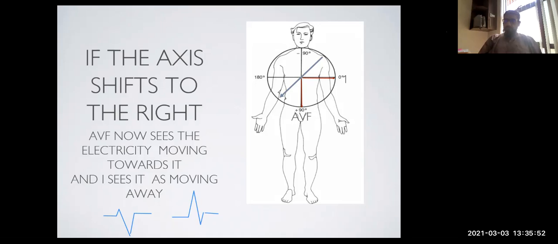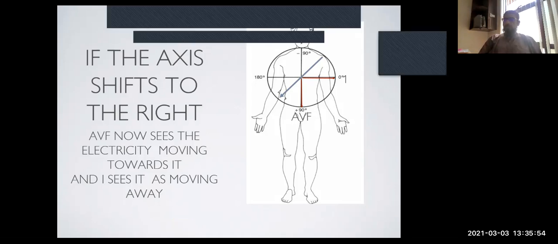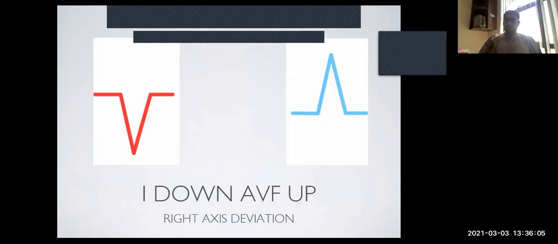I hope that's starting to make a bit of sense. We have to imagine ourselves being those electrodes, okay? Initially, when you start looking at the axis, it takes you a few minutes. When you finally get good at it, it takes you literally 2 seconds, and you know exactly what it is, all right? So when lead 1 is facing downwards and lead AVF is facing upwards, then that's a right axis deviation, okay?